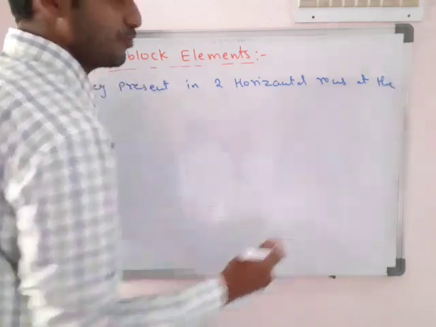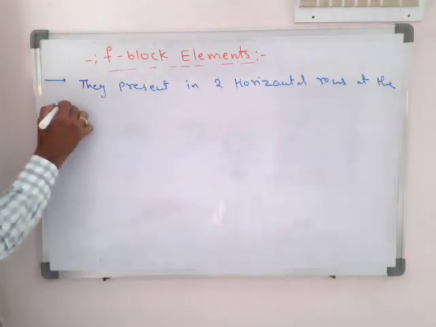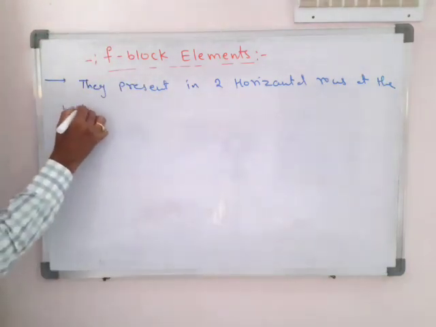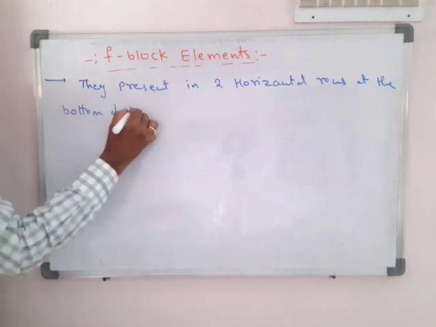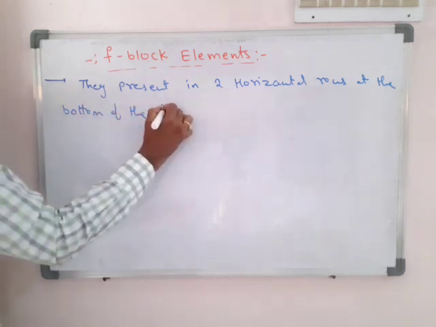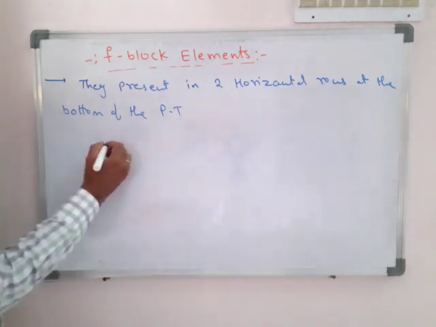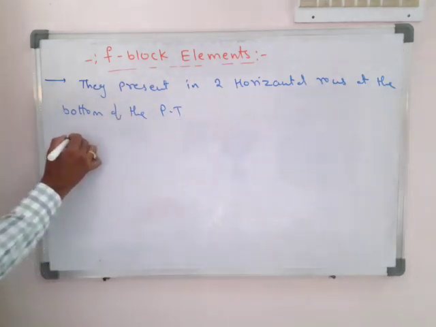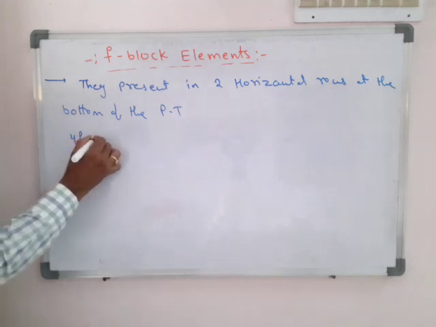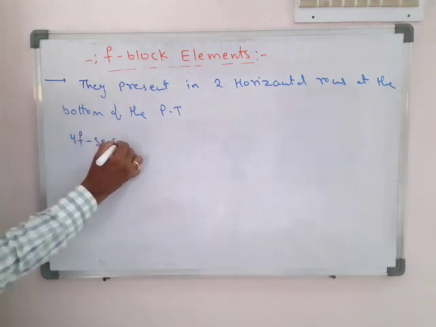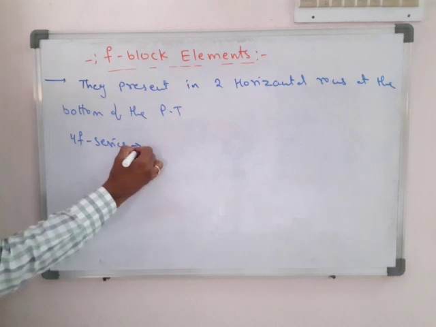Where they are present, we know, at the bottom of the periodic table. So what are they? One is called the 4f series. What is the 4f series?